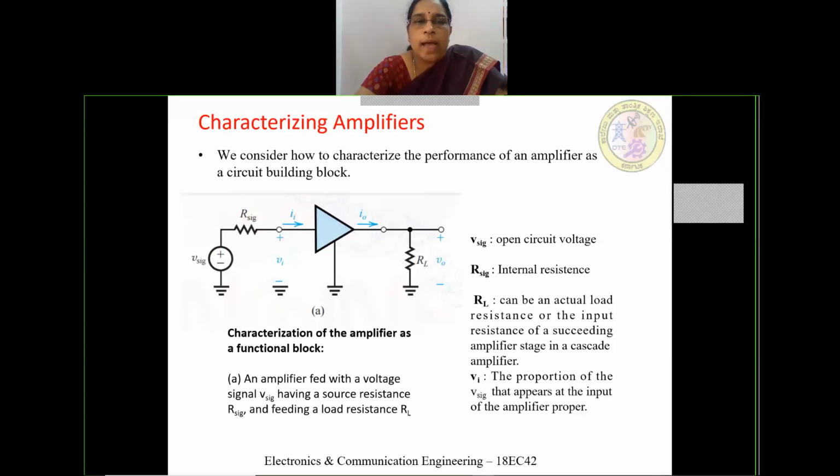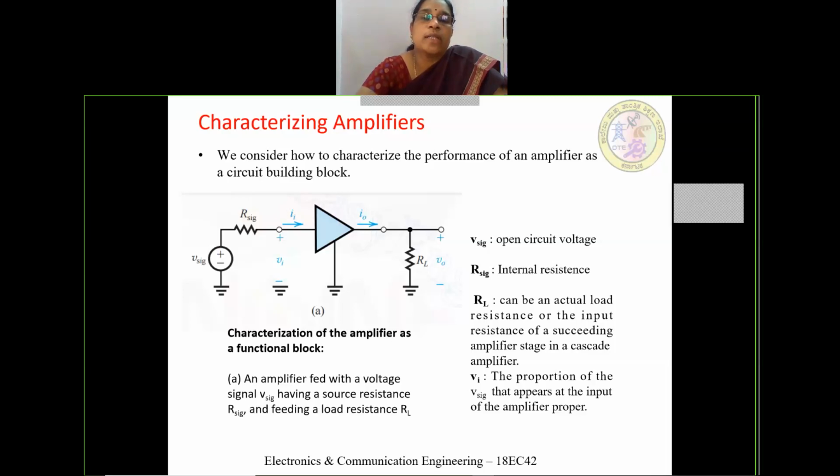Ii is the input current to the amplifier, and I naught is the output current. Next we have RL. RL is the actual load resistance, or it can also be the input resistance of the succeeding amplifier stage in case of cascaded amplifiers.